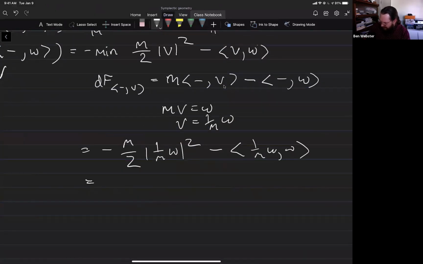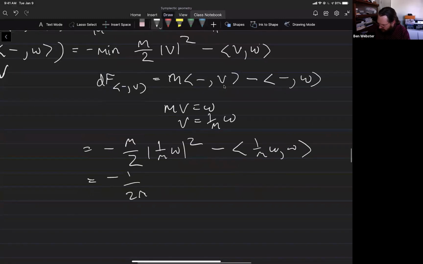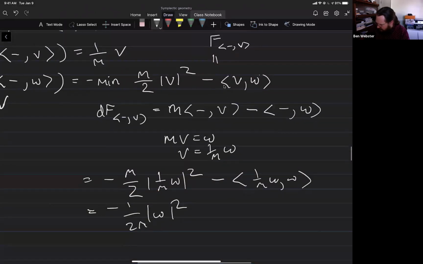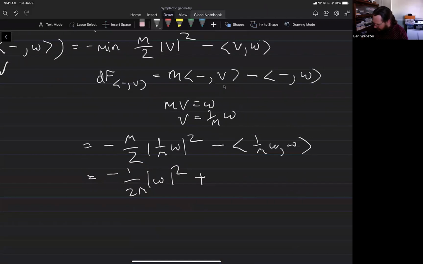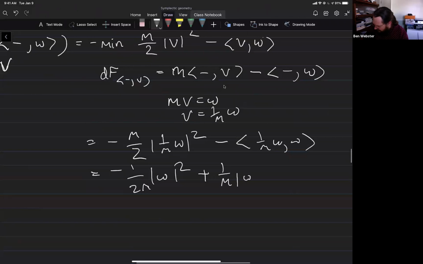So I get minus 1 over 2m length of w squared, plus, because of the minus sign in front of the min, plus 1 over m length of w squared, and the half comes in to save the day.